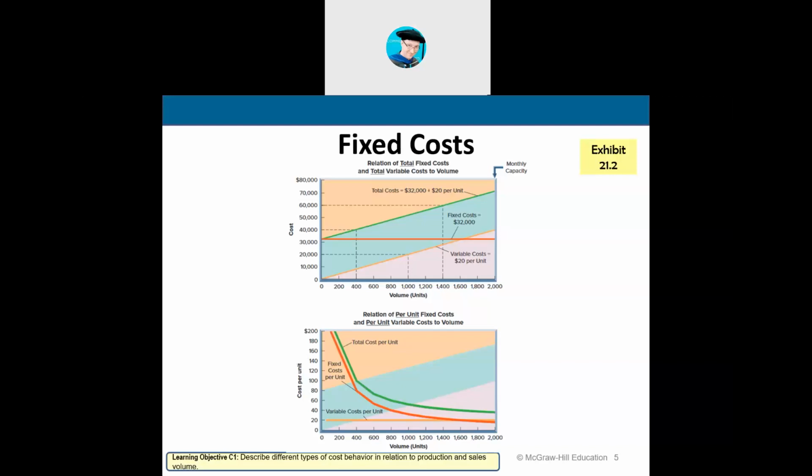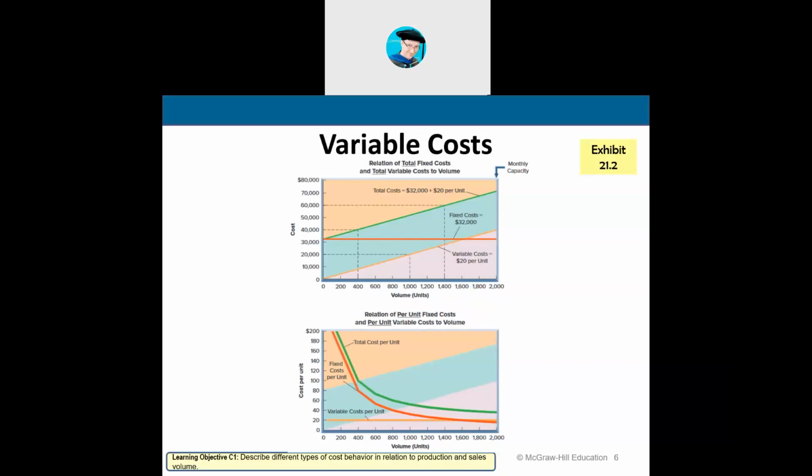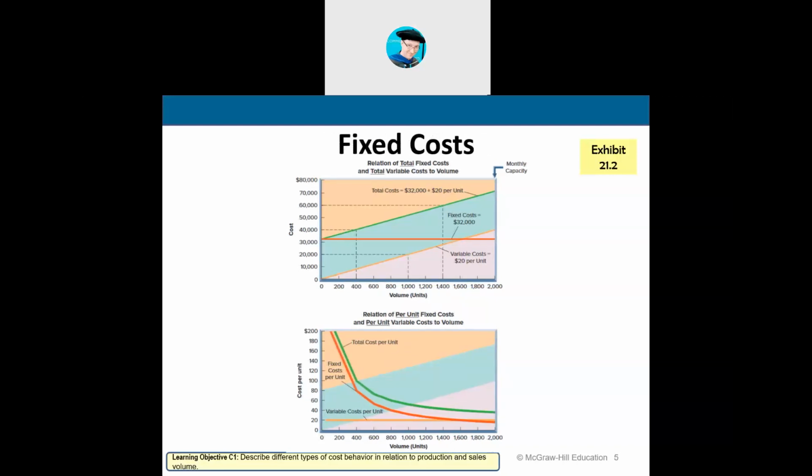That makes sense because I'm associating my fixed cost with the level of production, with each unit produced. So that's how fixed costs operate. Fixed costs remain the same regardless of the level of output, but can be associated with each unit produced.